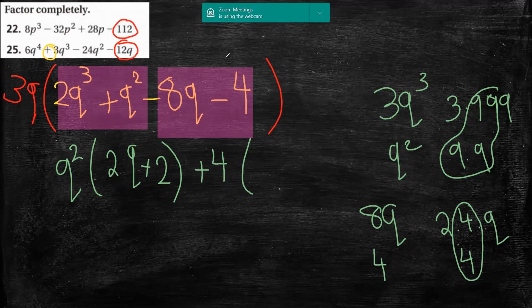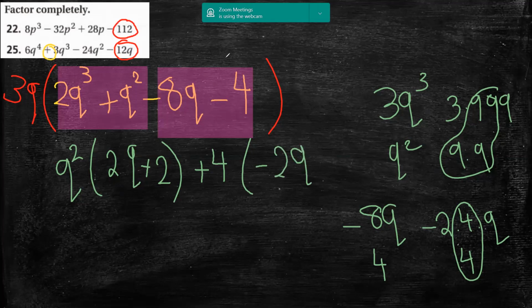What do we have? 2q still, but the sign here is negative. It's negative 8q, so I will change it. It will be negative 2q.